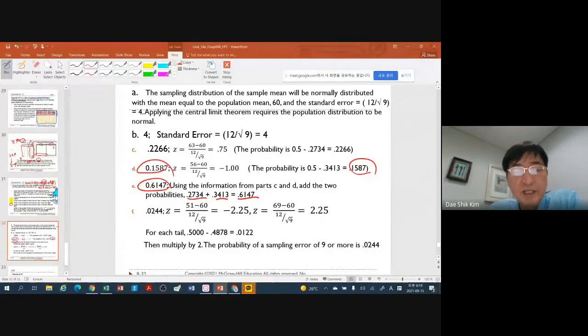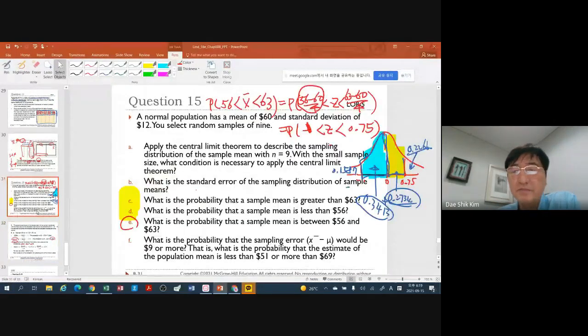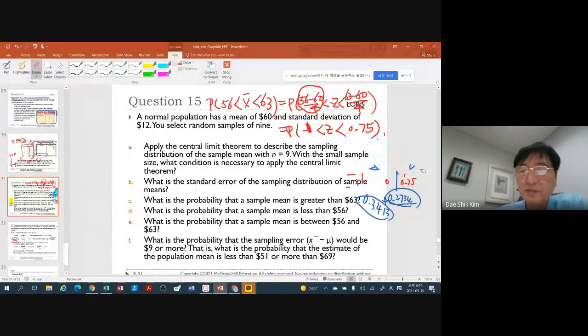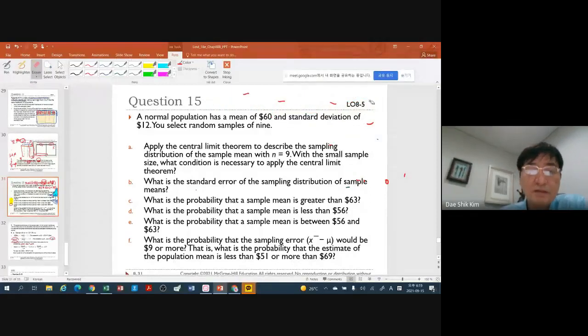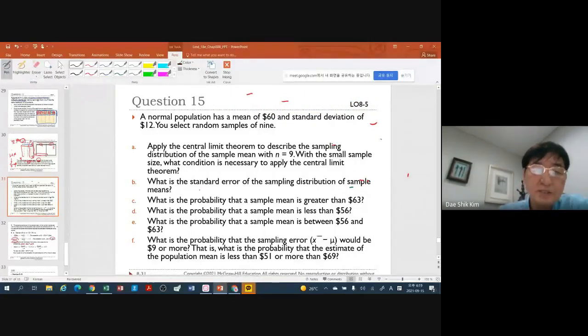Part E, D and E are very important. You need C, D, E. You need to understand clearly. A, B is nothing, you know. If I make an exam question, I'll give such a situation.